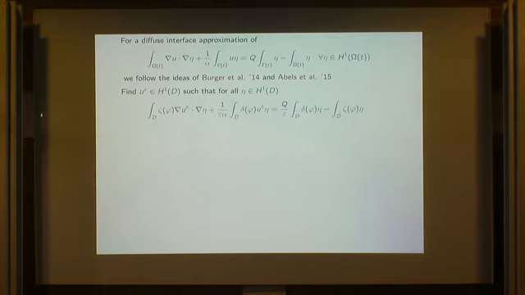Our delta of phi should approximate the integral over gamma of t, so in our case gamma epsilon. So we want delta of phi to be +1 in gamma epsilon and 0 everywhere else.